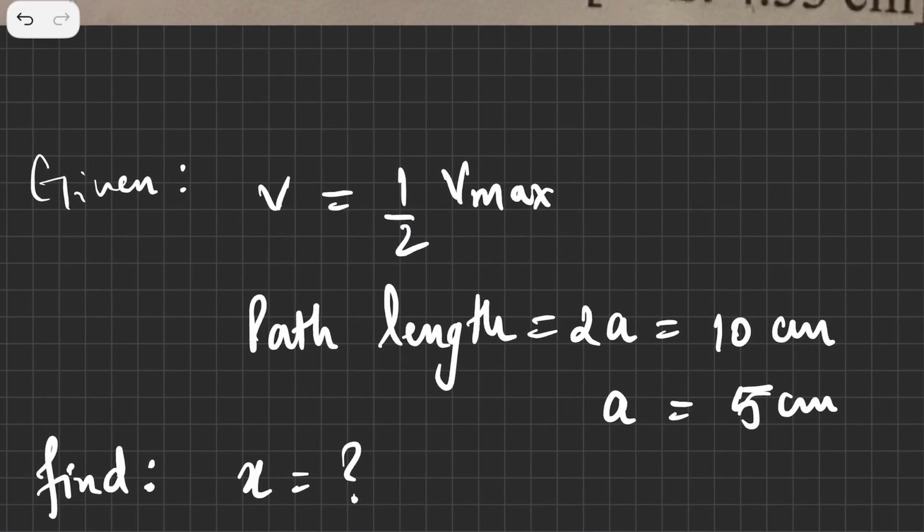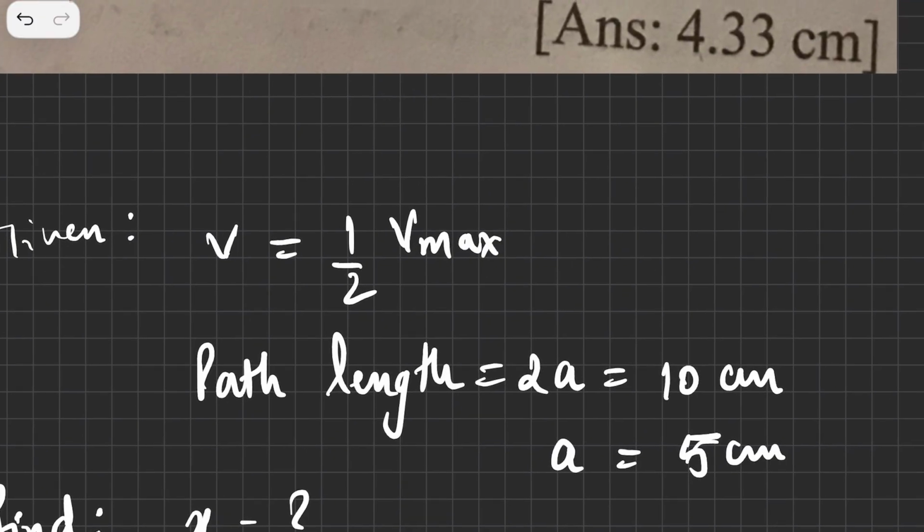Now remember my words: if in oscillation they ask you to find displacement, velocity or acceleration, they will always mention one or the other quantity. Either they will ask what the displacement, velocity or acceleration is after this much time, or they will ask velocity when the displacement is so much, or acceleration when the displacement is so much, or displacement when the velocity is so much.